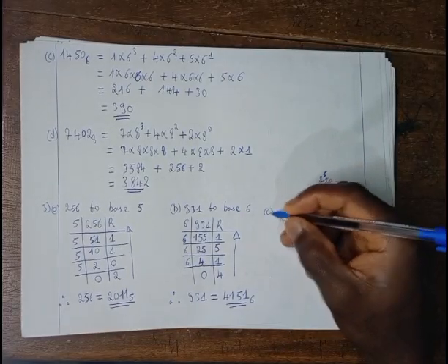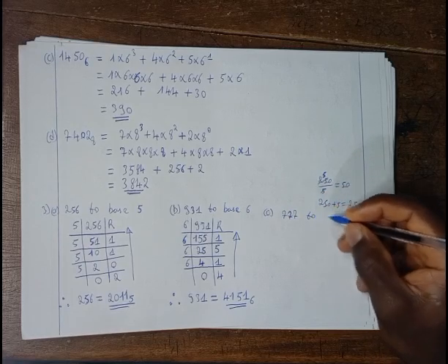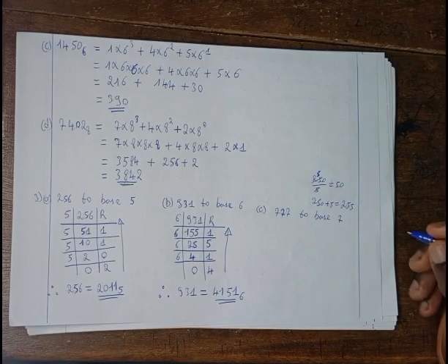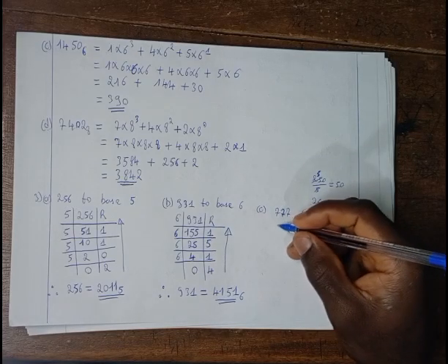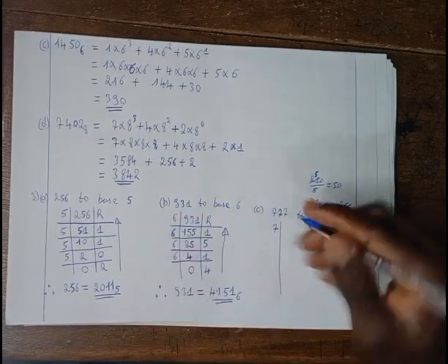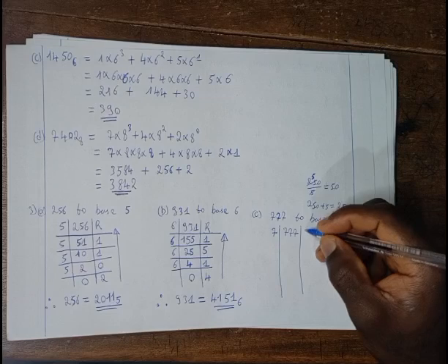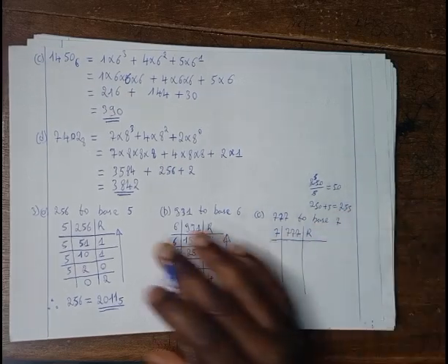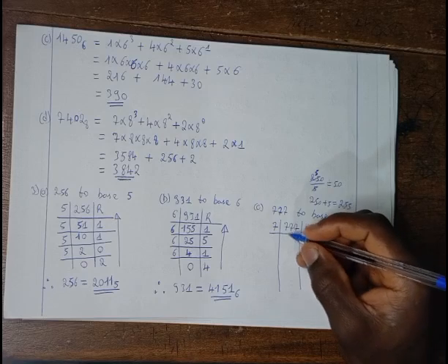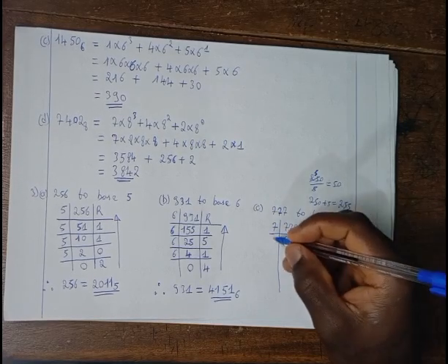For C, we have the number 777 to base 7. To convert this number to base 7, we're going to make use of repeated division. Write the number 777, and we need a column for the remainder. If we divide 777 by 7, it gives us 111, and the remainder is 0.